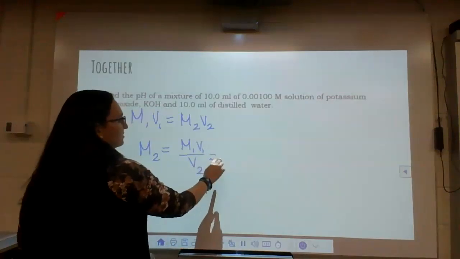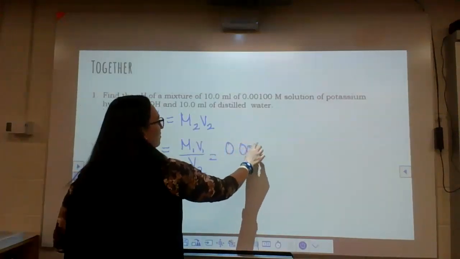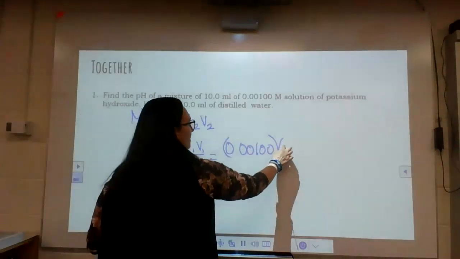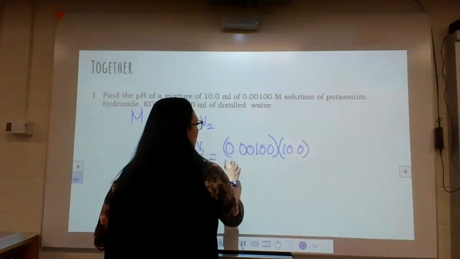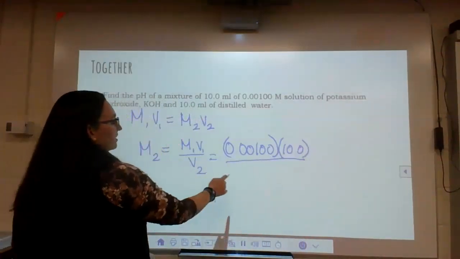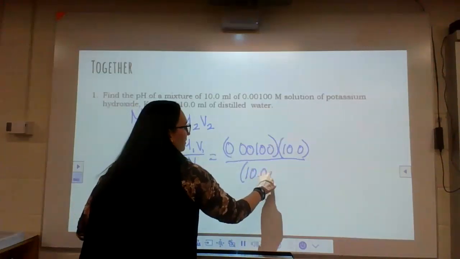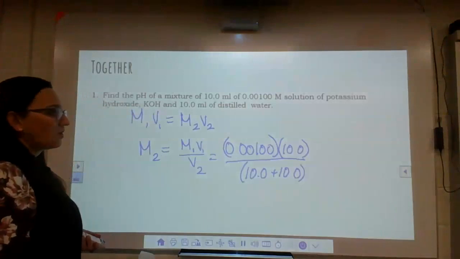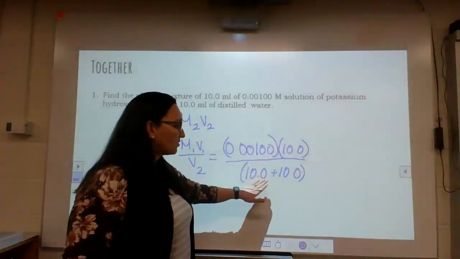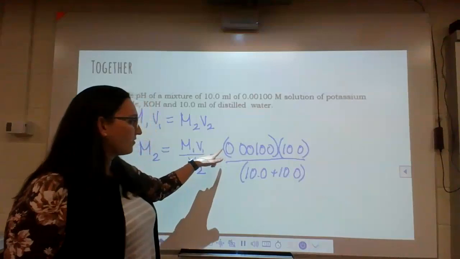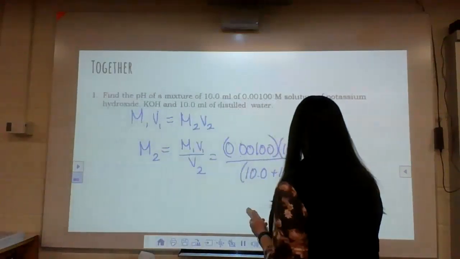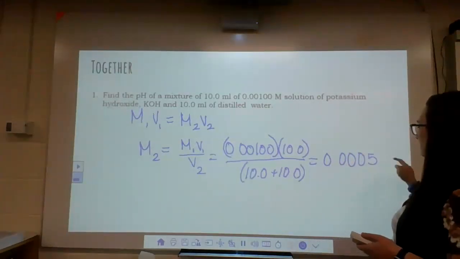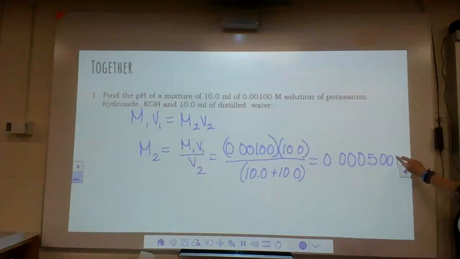So this is equal to 0.00100, that's my molarity, times the original volume, 10 milliliters, over the new volume, 10 plus 10 milliliters. So essentially, 10 divided by 20, that's 0.5. So half of this original value. So I'll have 0.00050 is my new molarity.